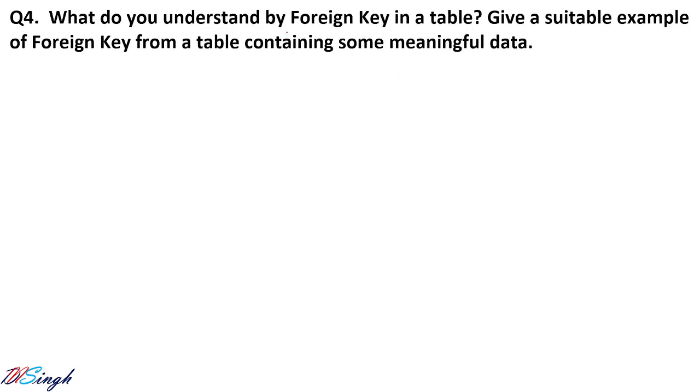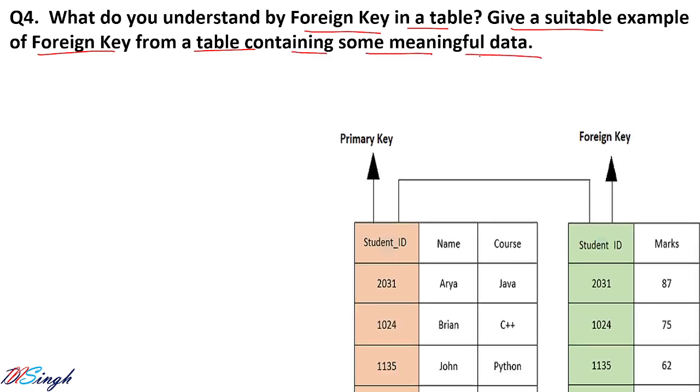What do you understand by foreign key? Another important concept in this DBMS is foreign key, which establishes the relation. It is also asking to give a suitable example of foreign key from a table containing some meaningful data. So let us see the example.